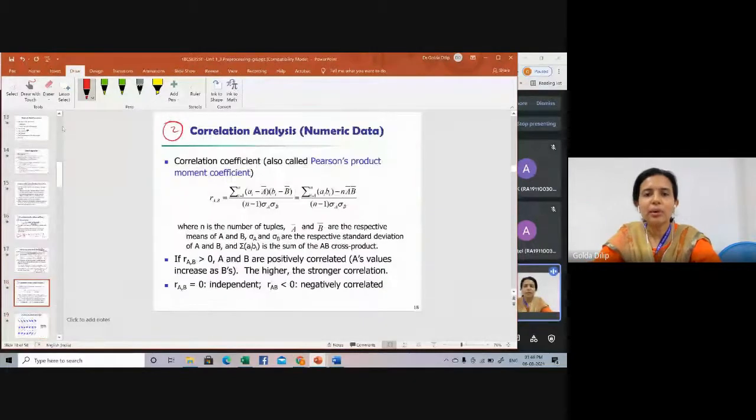Another one is correlation analysis. Correlation analysis is for numeric data.